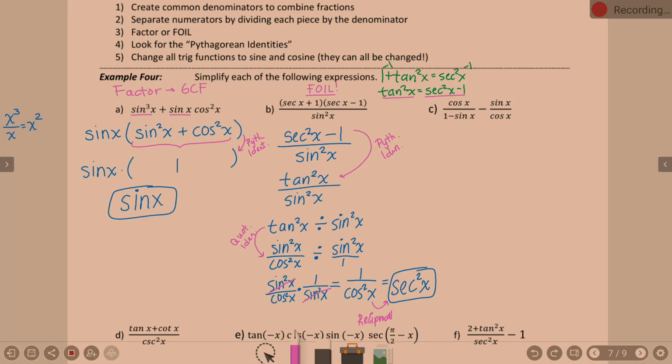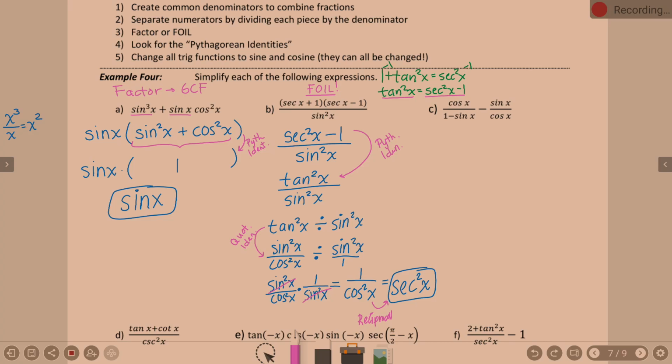Ready to try C? Cosine of x over 1 minus sine x, over cosine x. Create common denominator. We have two fractions being subtracted, don't we?